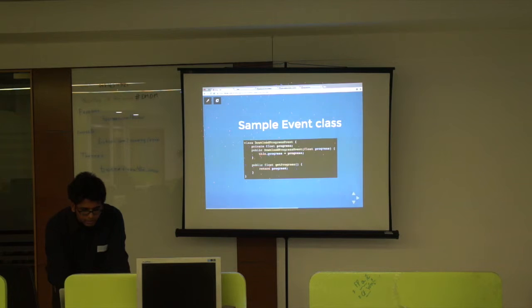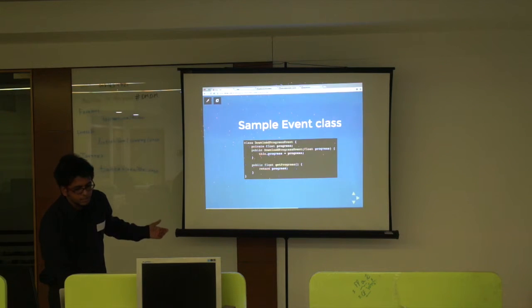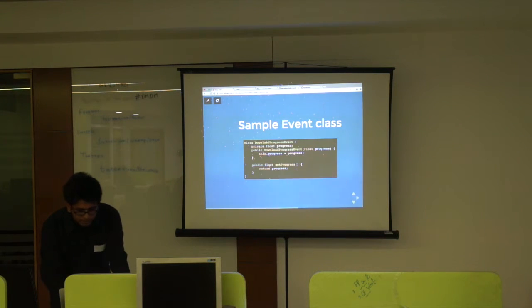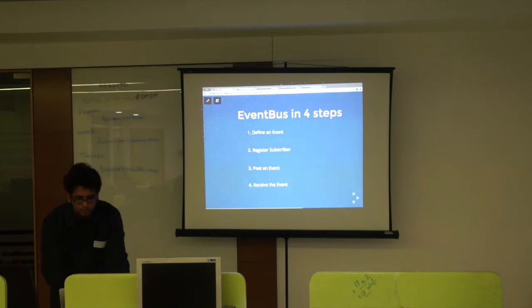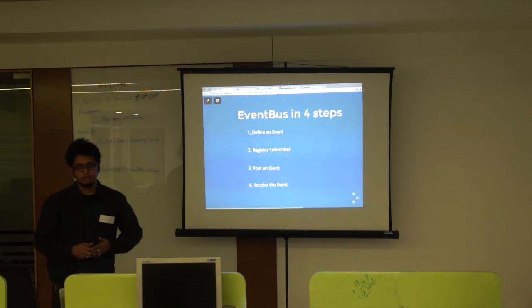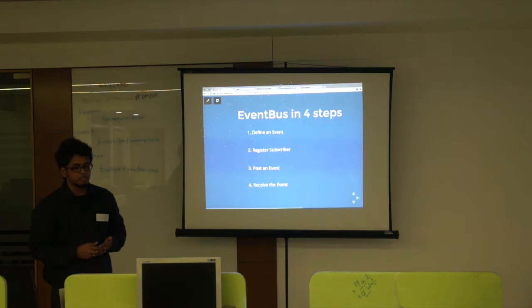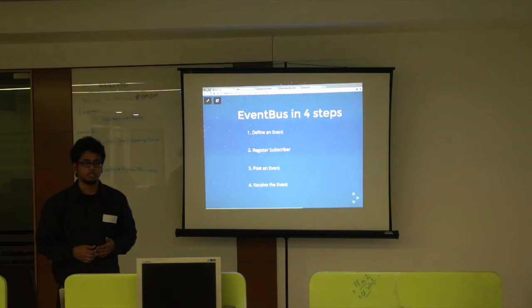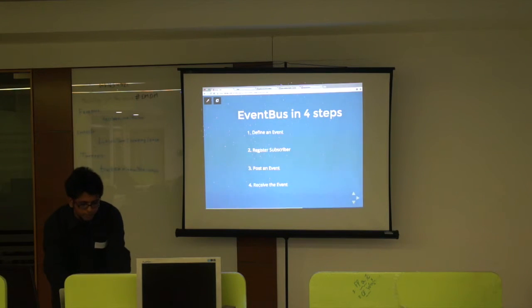We can have an event class without any parameter or methods inside it. Event bus actually can work in just 4 steps. Define an event, register a subscriber, post an event, and receive the event and use it, utilize it in whatever manner you want to.